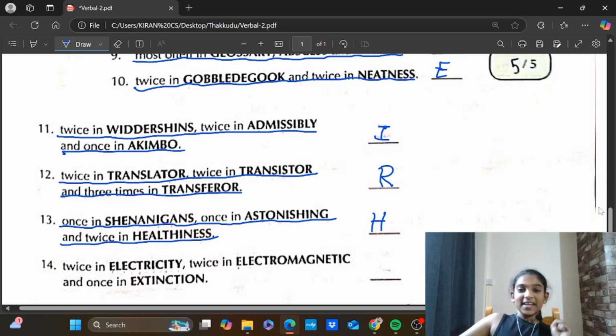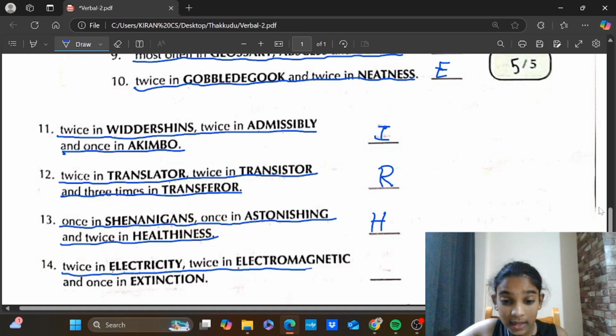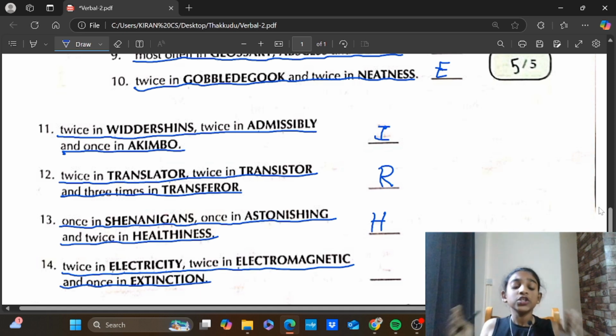Okay, so let's move on to the next question. The next question is twice in the first word, twice in the second word, and once in the third word. Okay, so we need to find out which letter comes twice in the first word and the second word, and which letter comes once in the third word. Okay, so is it E?